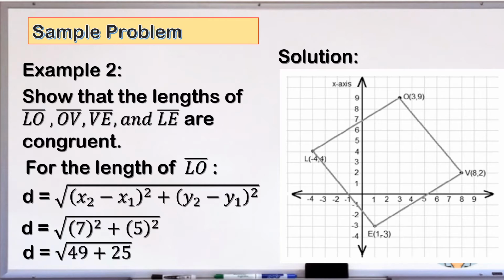To simplify, we have the square root of 49 plus 25, which is equal to the square root of 74. Therefore, the length of segment LO is equal to the square root of 74 units.